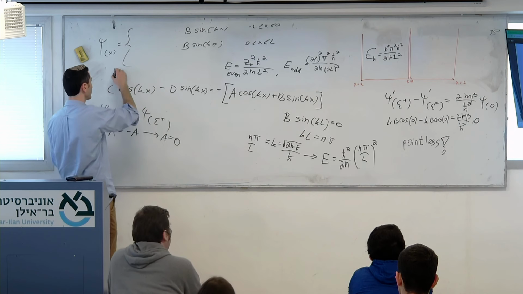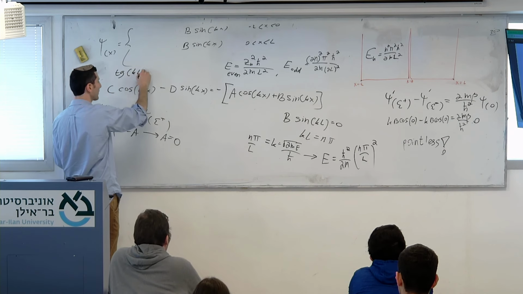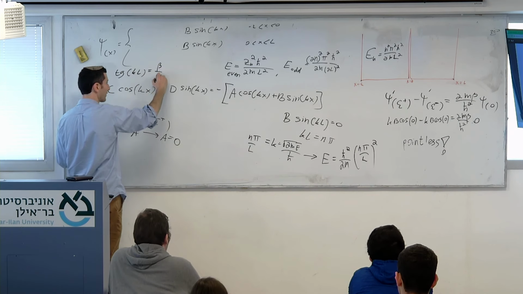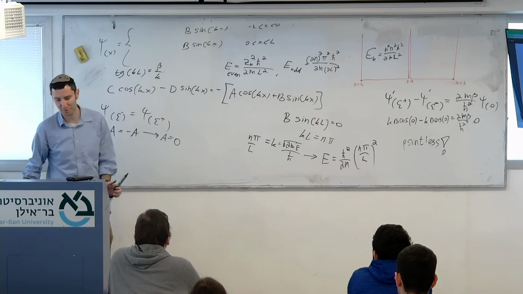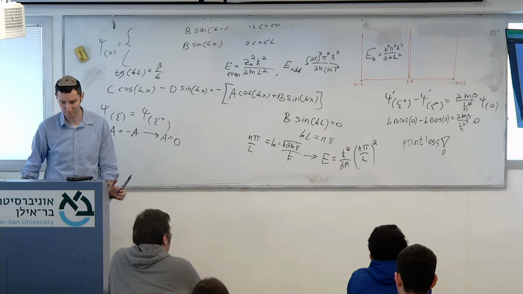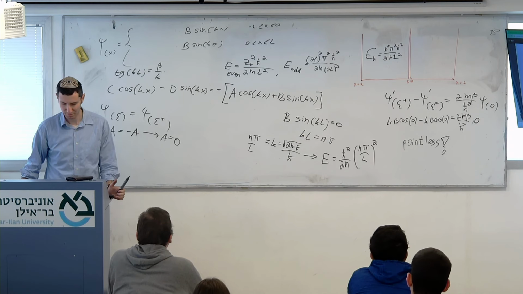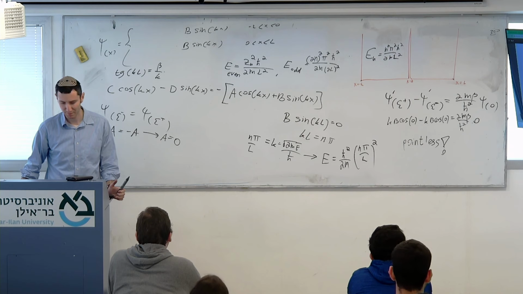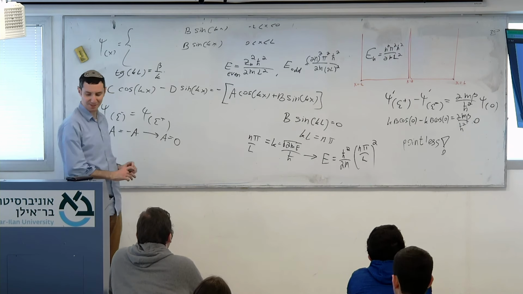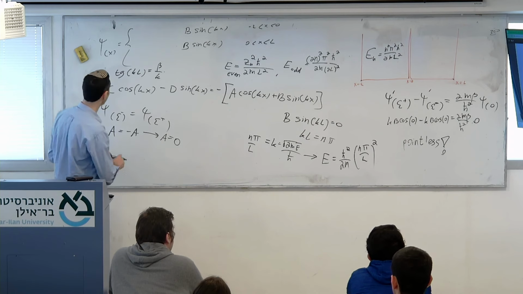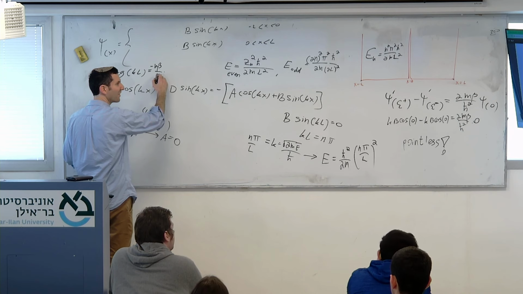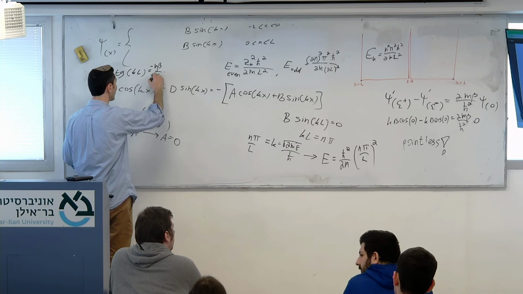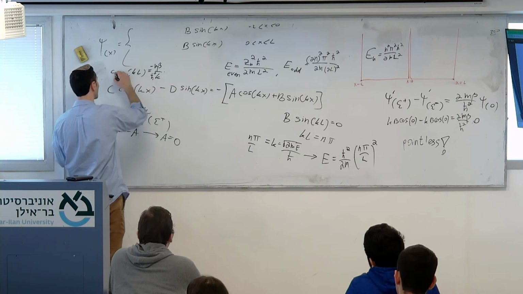We said it's the solution of tangent KL is equal to basically beta over K times something. This would be it before. KL. It's cotangent. If beta on the top, it's cotangent. So cotangent KL is minus m beta over K h bar squared K, and here you're saying it's cotangent.